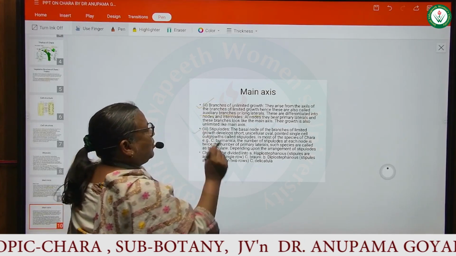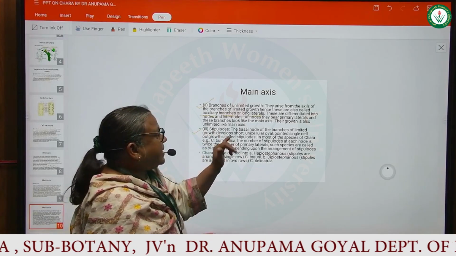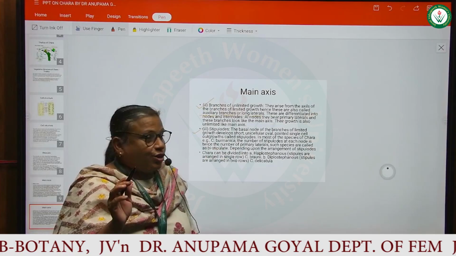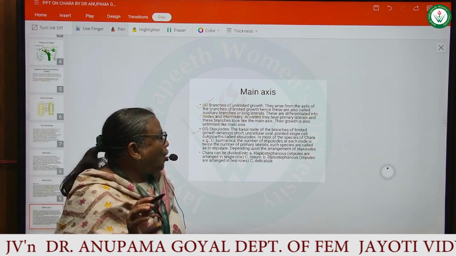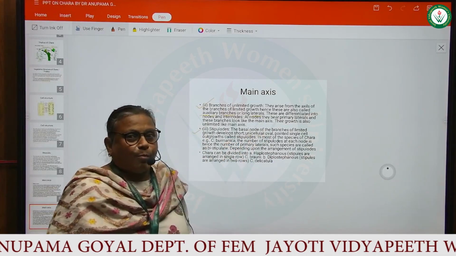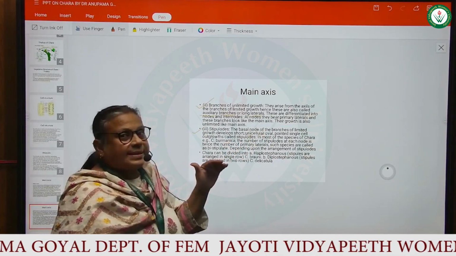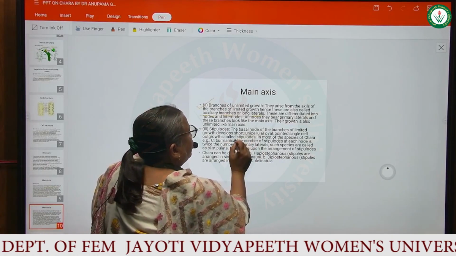Next, the stipulodes. What are stipulodes? The basal node of the branches of limited growth develops short, unicellular, oval and pointed single-cell outgrowths, which are called stipulodes.